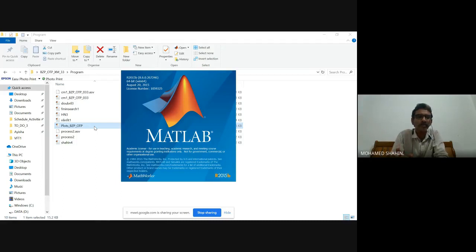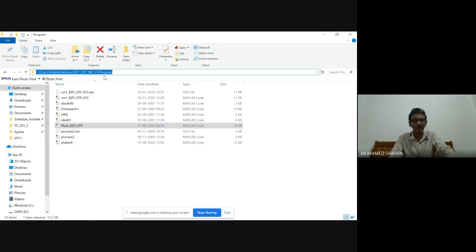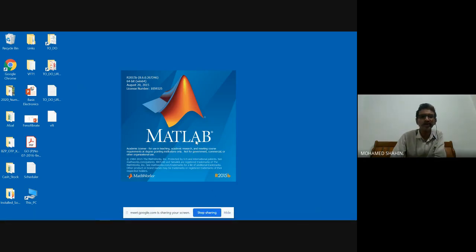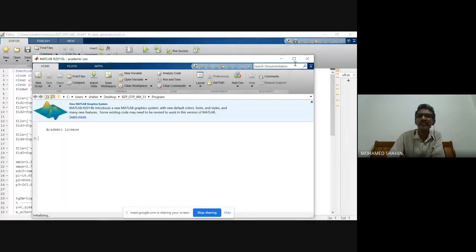Now open this program, then make sure that the address has been properly given. After that, what this program does is that it will go to all individual folders.